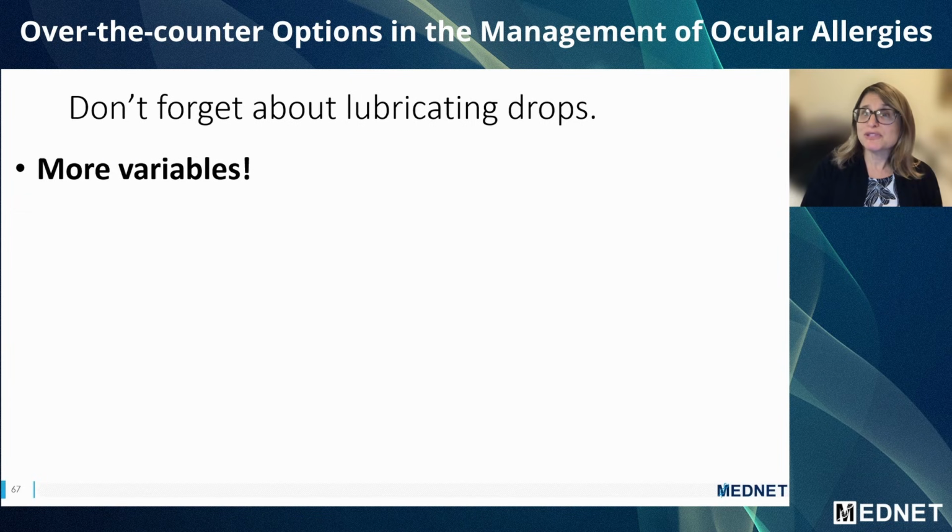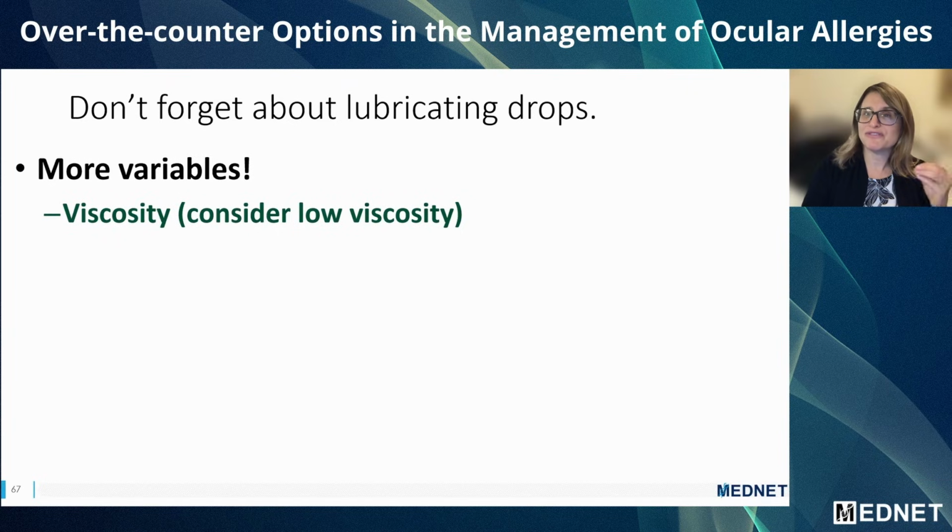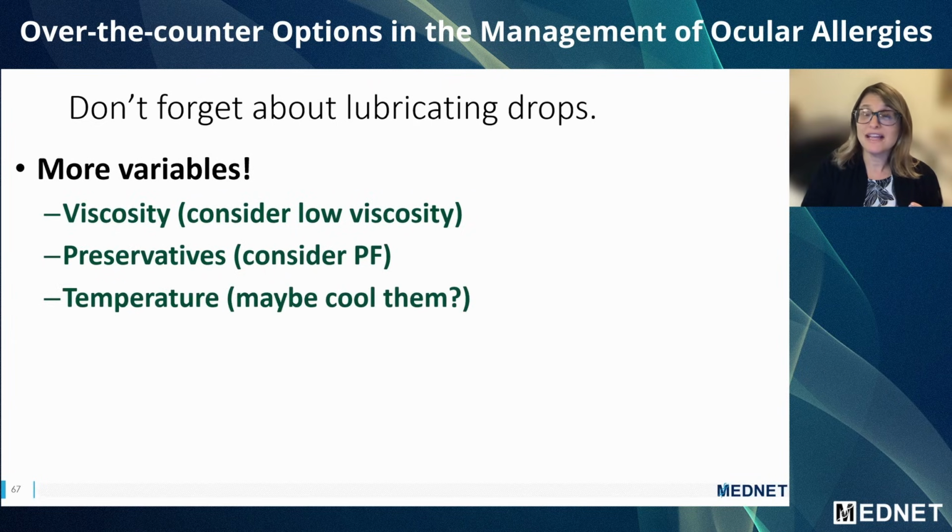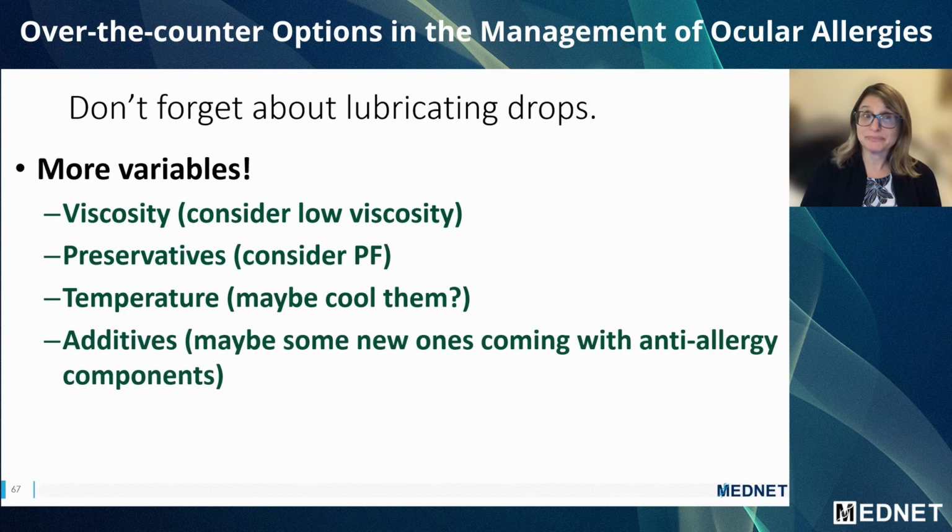And the variables beyond the active agent is viscosity. And especially when you're trying to flush out antigens, the low viscosity are probably better. The preservatives, again, just not to add more complexity to the situation. In allergic conjunctivitis, we often recommend the preservative-free. And then the temperature, sometimes in allergic conjunctivitis, cooling the lubricating drops before using them makes the patients feel better.